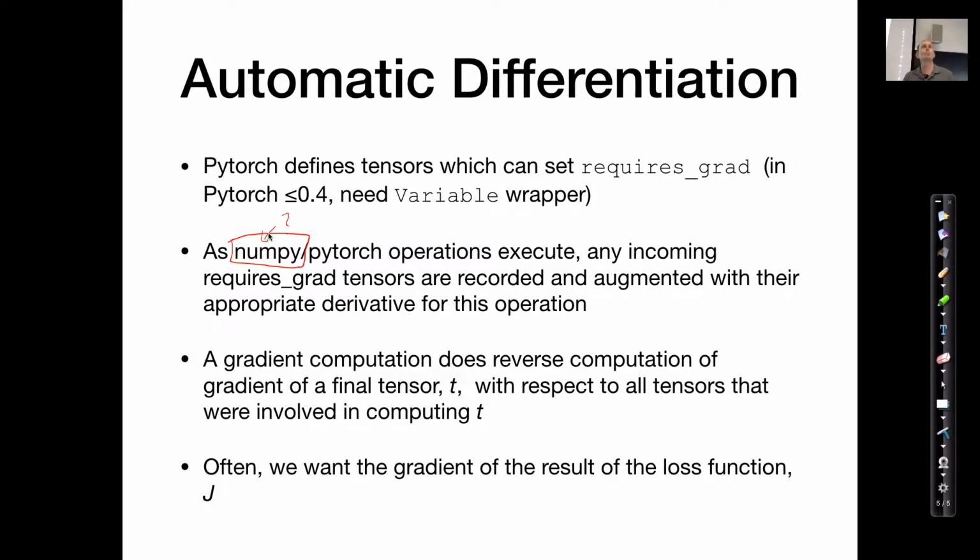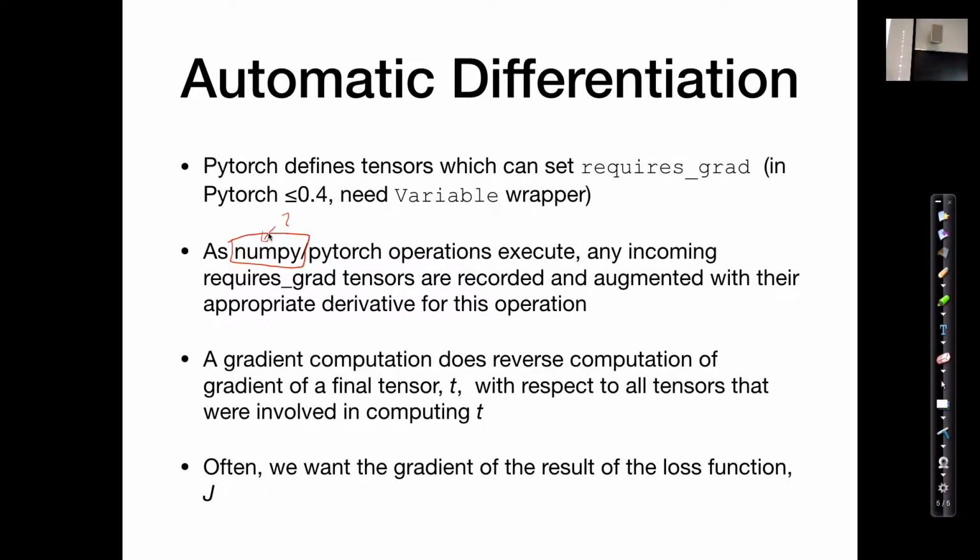It's actually just PyTorch operations. So what happens is PyTorch operations execute. It's looking and seeing, did any of the inputs to those operations require a gradient? And if not, it just does its thing. And if so, it saves the information, decides it needs to have a gradient of this operation, and saves that so later on you can find gradients.